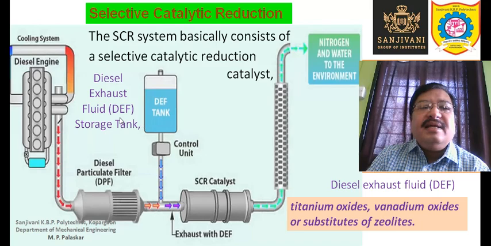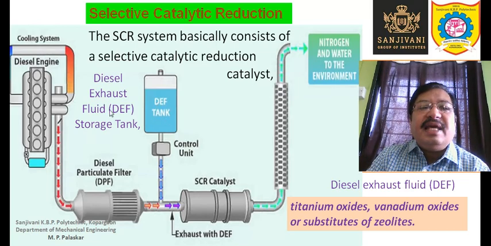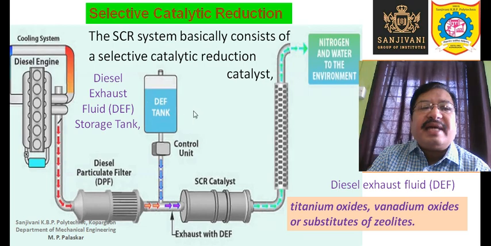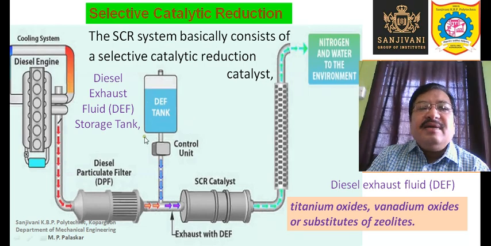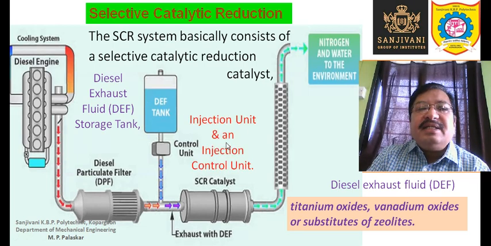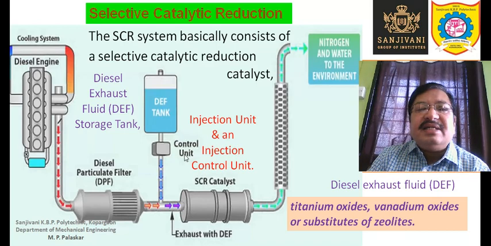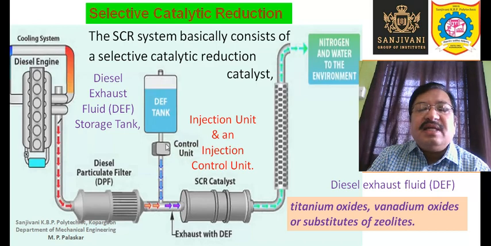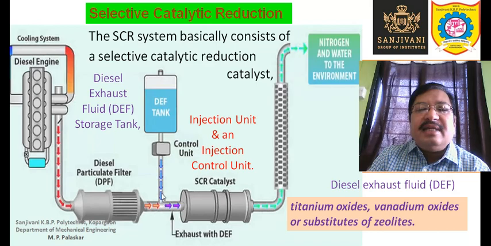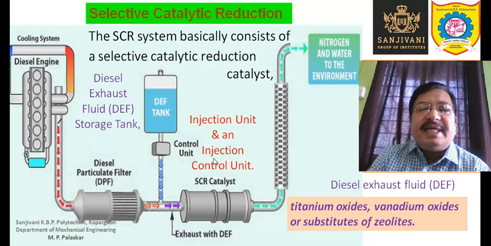Along with that, we are using the storage tank of diesel exhaust fluid. So this is the DEF tank, that is the diesel exhaust fluid storage tank. Along with that, we are also using the injection unit and the injection control unit. So this is the injection control unit, which is not clearly shown here, but it is also present.